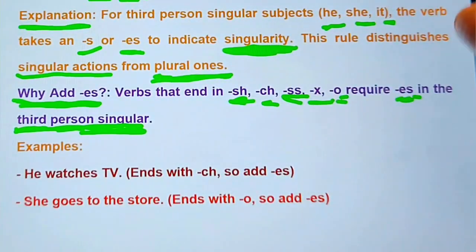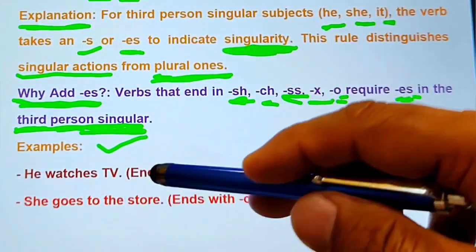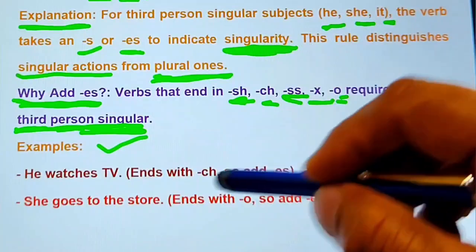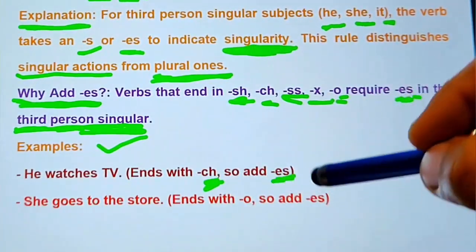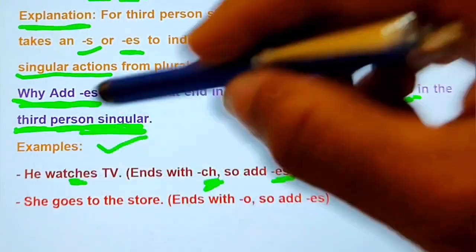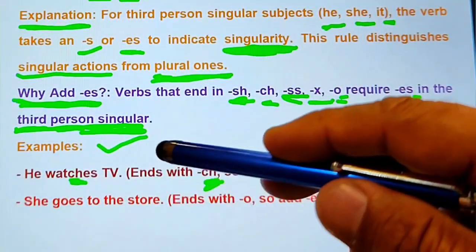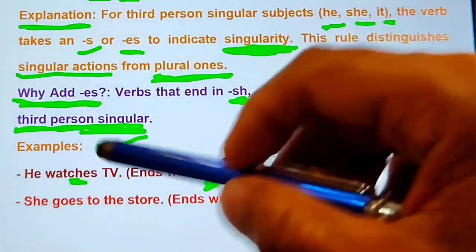So we have an example here: he watches TV. It ends with ch, so we add es here. The word ends with ch in this sentence, and that's why we add an extra es.